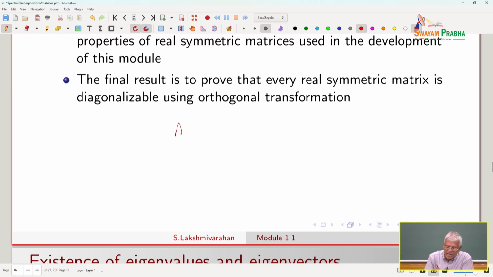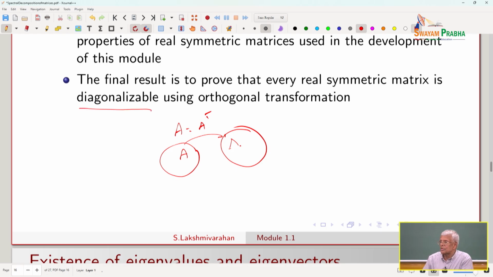If I have a matrix A which is symmetric, A equals A transpose, what do we want to know? I want to be able to express A in terms of a diagonal matrix lambda. This is the given dense matrix, and this is the world of diagonal matrices. I want to map any such matrix to its diagonal form; that is called diagonalizable matrices.